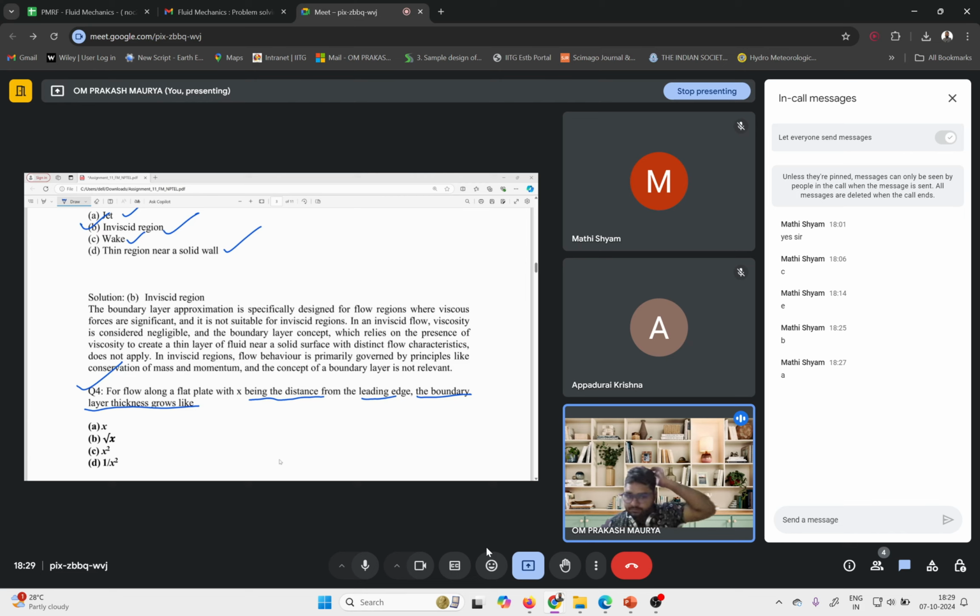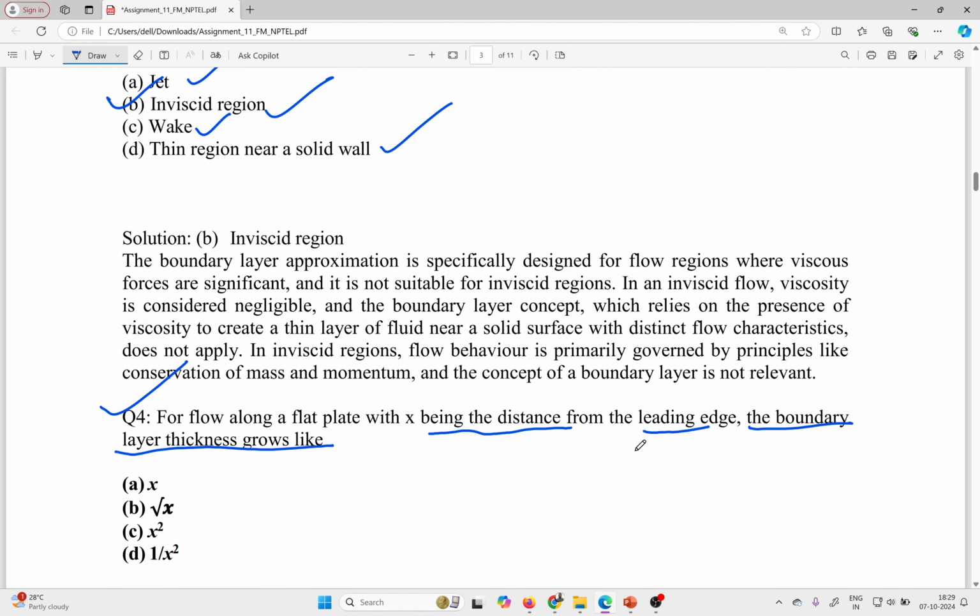Okay, let me discuss. So we are talking about here the flow along a flat plate, means theta is equal to 0. The x starts from here.